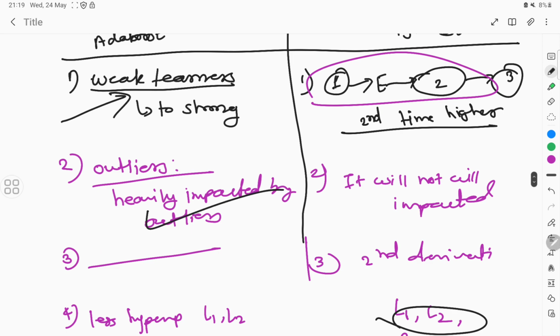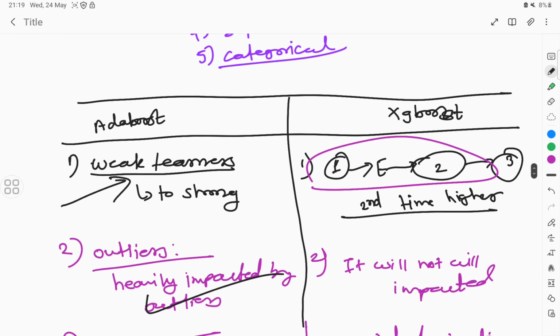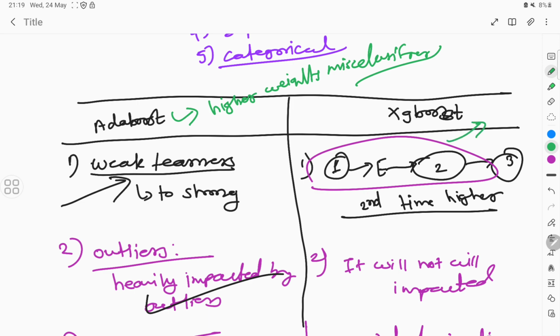Okay, so I have already told you that AdaBoost assigns higher weights to the misclassified samples or weak learner. So in XGBoost, it will optimize the second learner based on the previous learner.